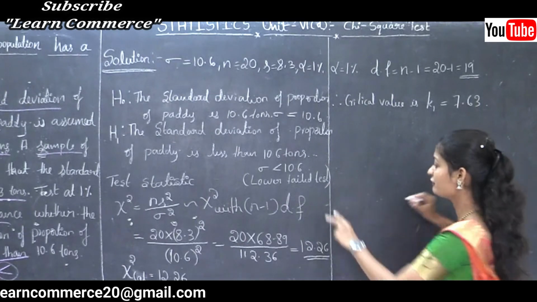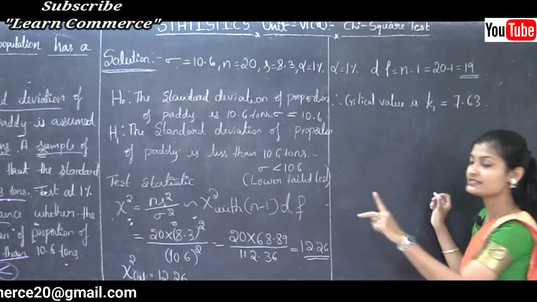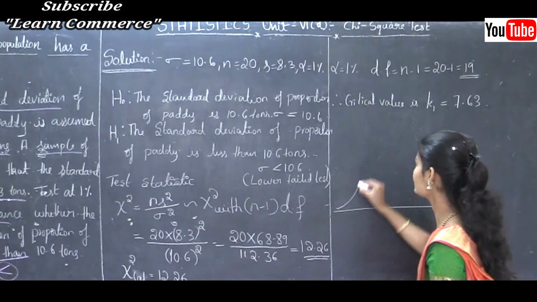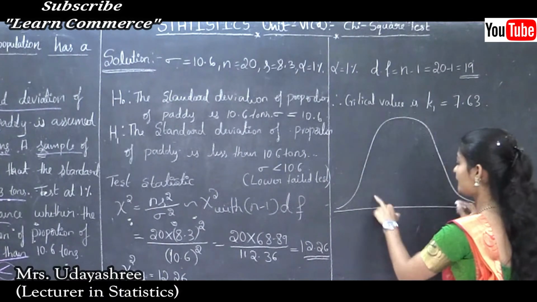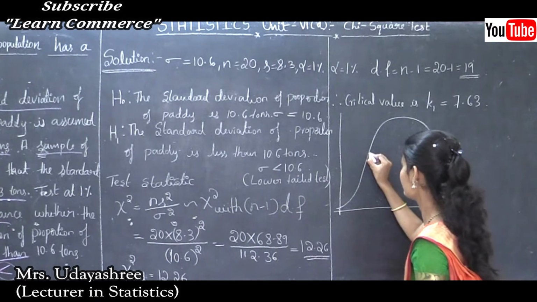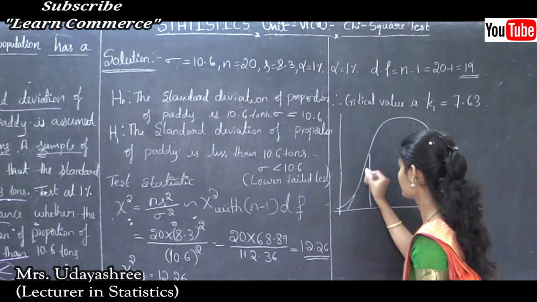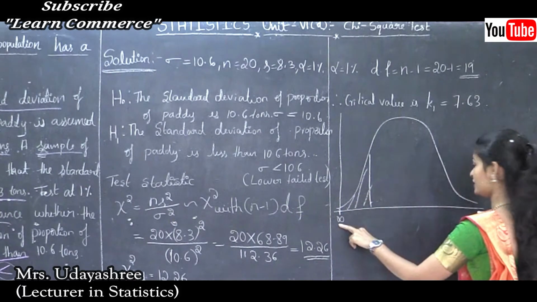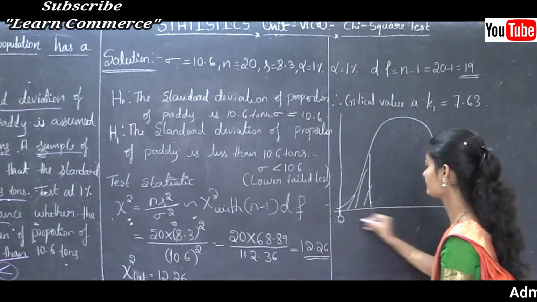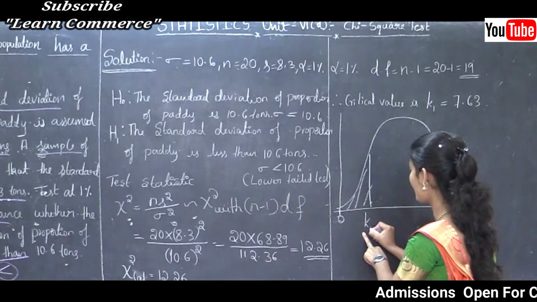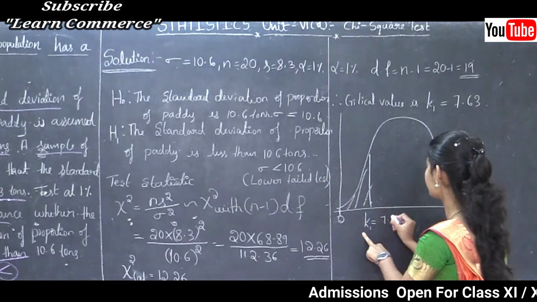If it is a lower tail test or left tail test, we can say the rejection region is located at the left tail of the probability curve. So here the probability curve is like this. The range of the chi square distribution is 0 to infinity, and here the K1 value is 7.63.